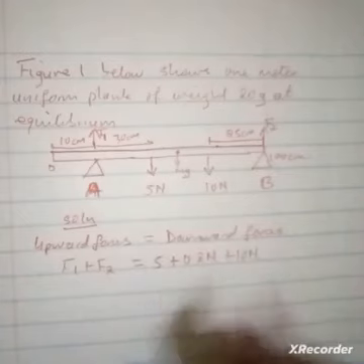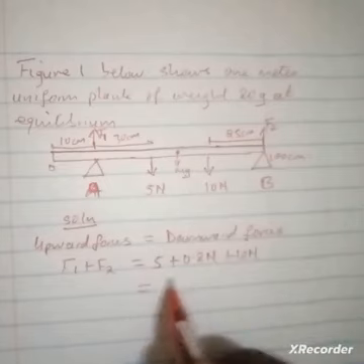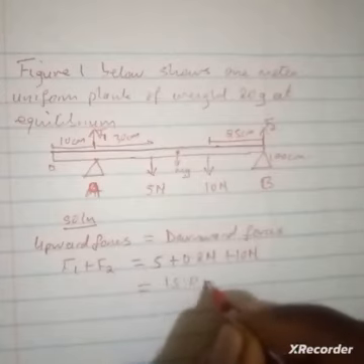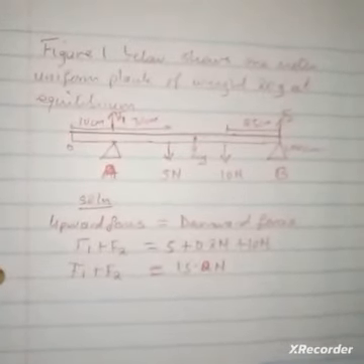So I can add all the downward forces, which gives me 10 plus 0.2 plus 5. So inanipatia nini? 15.2 Newton. So F1 plus F2 is equal to 15.2 Newton. So that's the first step. The first step, tumetafuta upward and downward forces.